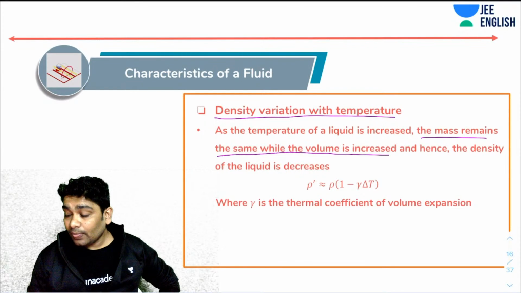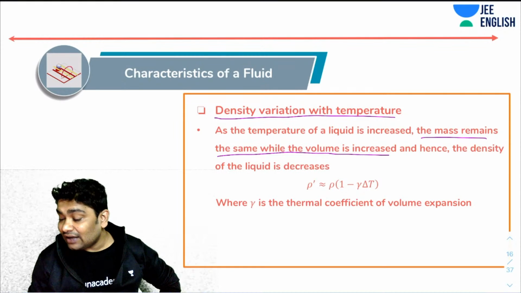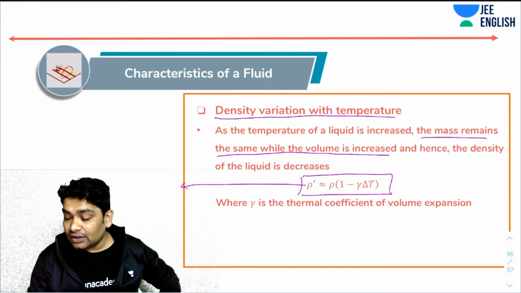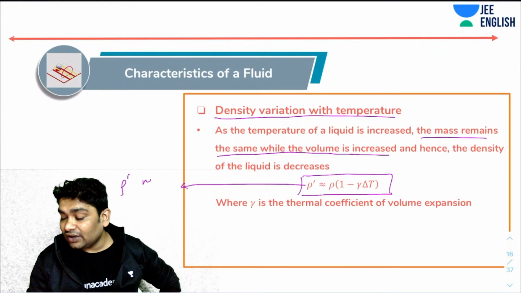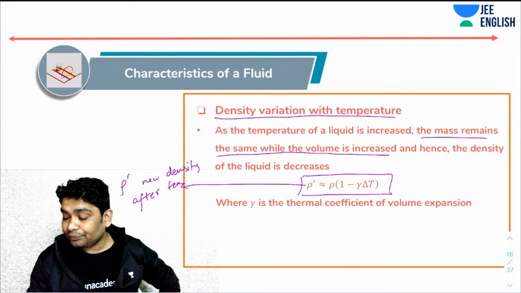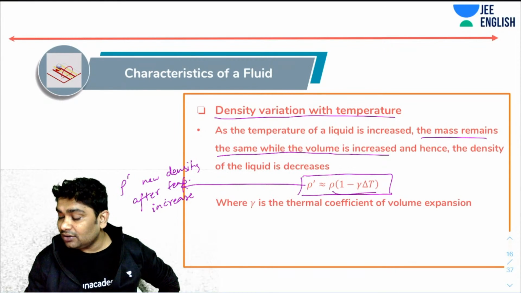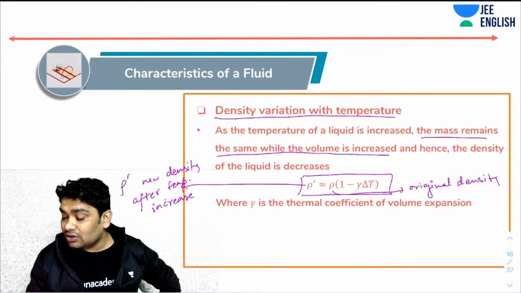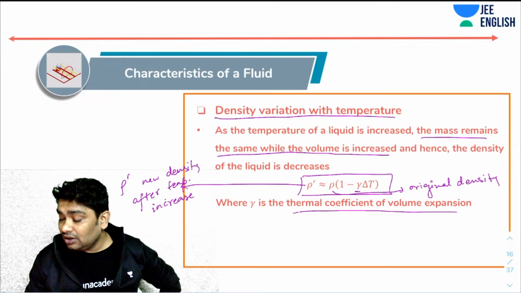And the new density is given as this, where rho dash is the new density after the increase in temperature, and rho is the original density before you increase the temperature, right? Gamma is called the coefficient of thermal expansion, and delta T is the rise in temperature.